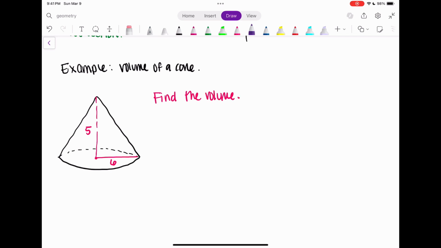I'm going to write down my formula. This is also on your test, so please mark it as something important in your notes. So go ahead and start off by writing the formula of 1/3 times pi r squared times h is equal to volume.